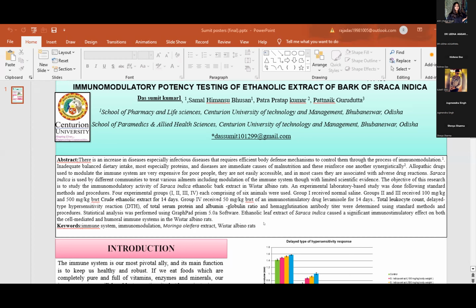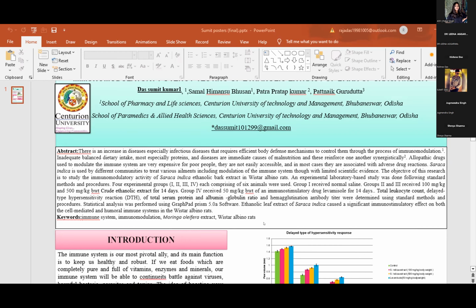Inadequate balanced dietary intake, most especially proteins, and diseases are immediate causes of malnutrition, and these reinforce each other synergistically. Allopathic drugs used to modulate the immune system are very expensive for poor people. They are not easily accessible, and in most cases, they are associated with adverse drug reactions.